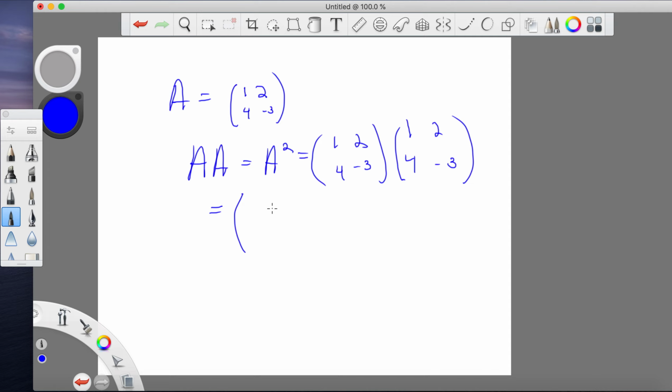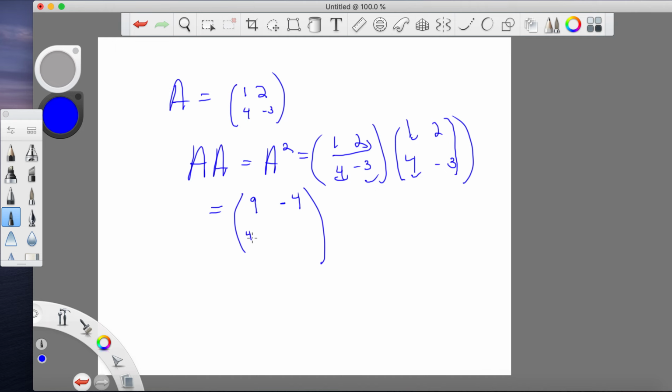So let's see, 1 times 1 is 1, plus 8, so that's going to give me 9. 1 and 2 is 2, so 2 minus, let's see, I want to multiply this and this. So it's going to be 2 minus 6, which is negative 4. Next, I'm going to multiply 4 and 1, and 4 and negative 3.